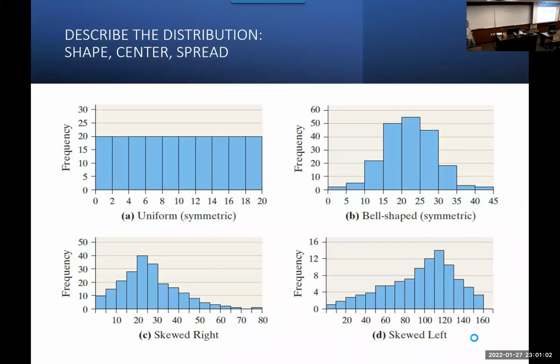So for a bell-shaped distribution or a normal distribution, you have that central peak in the center, followed by the tails on both sides, and it's symmetric. Now, these two that are down in the bottom, one is skewed right and one is skewed left.